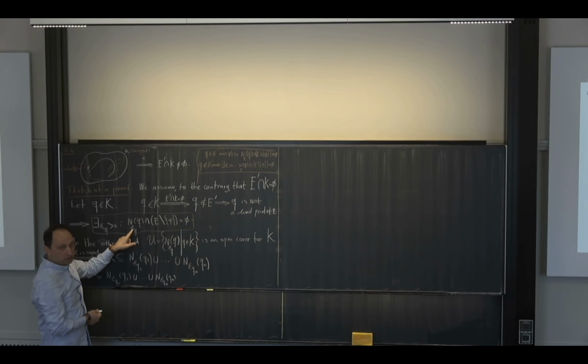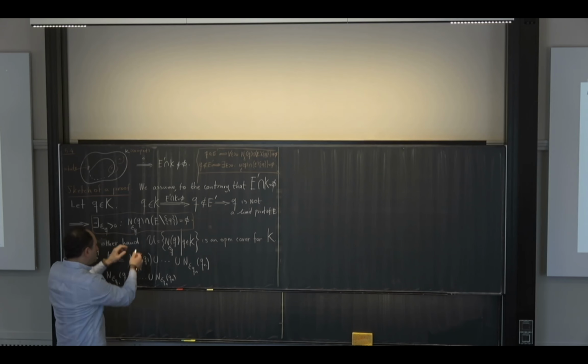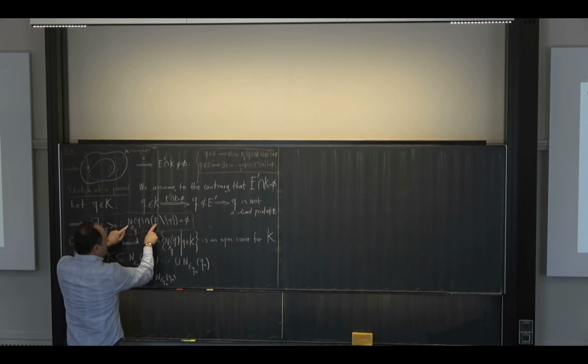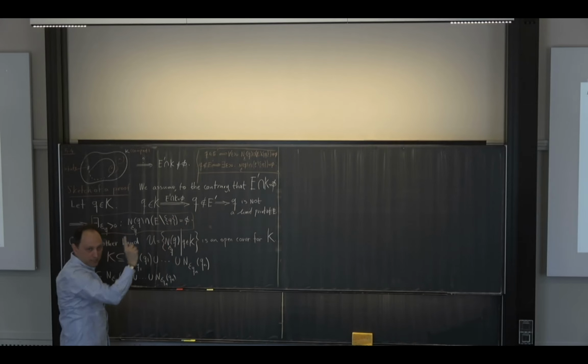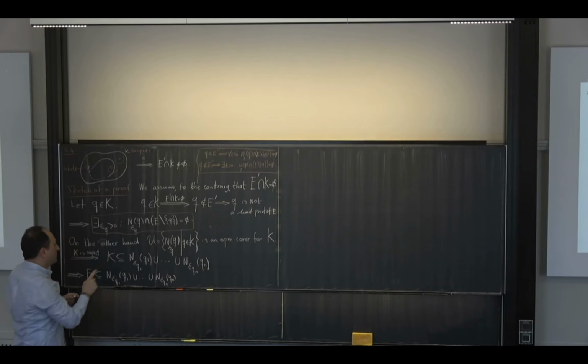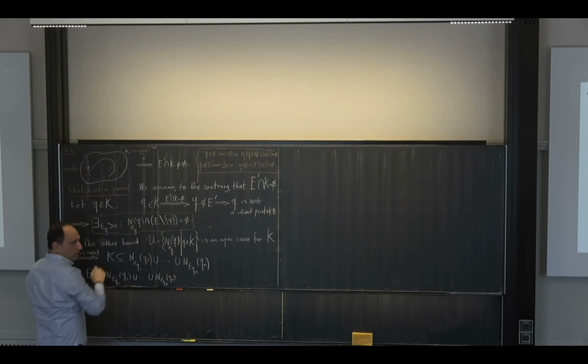Only one. Every one of them contains at most one element from E, because when you intersect it with E minus the center, it becomes empty. If you put the center back, at most one will be added, so there is at most one element from E in every one of them.